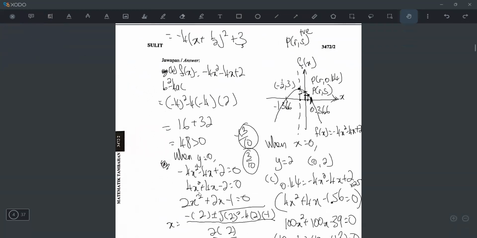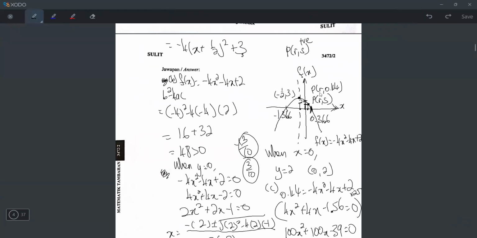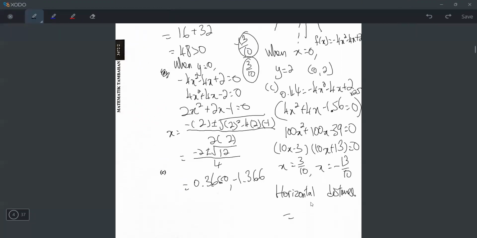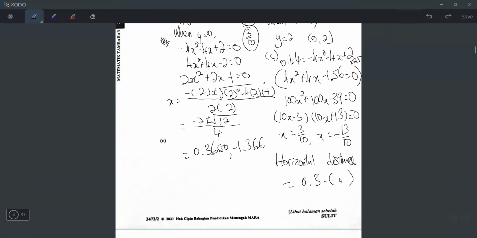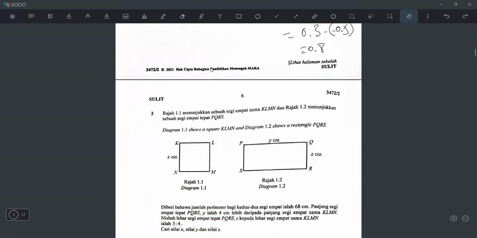Let's say I use the 0.3. So here is x equals 0.3, here is x equals negative 1 over 2. So you take 0.3 minus the axis of symmetry, negative 1 over 2, so negative 0.5. That's why it's 0.8. You can use the other x value also, and you'll get the same answer.